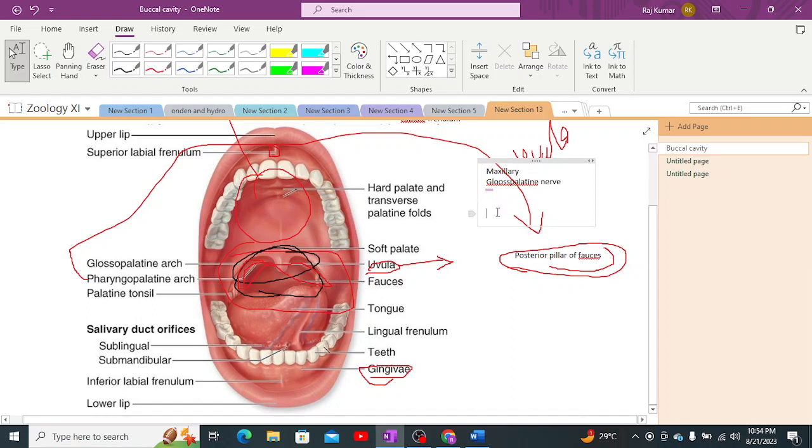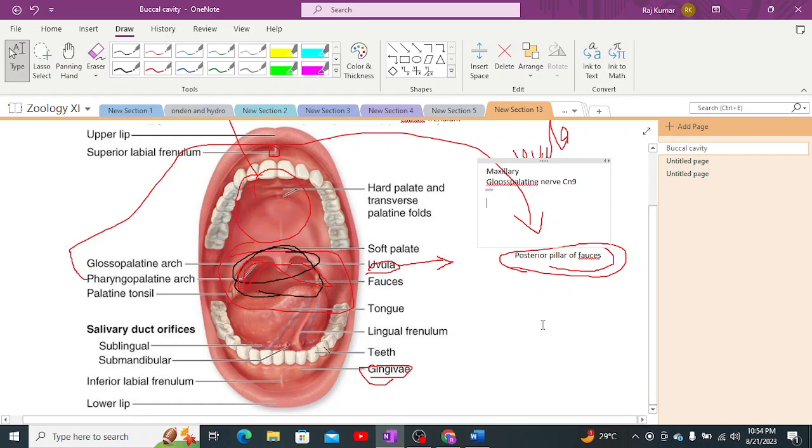On the other hand, we have the glossopharyngeal nerve. The glossopharyngeal nerve is found on the posterior side, and that is controlled by a cranial nerve. What kind of cranial nerve? Cranial nerve 9.